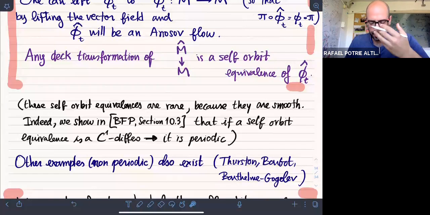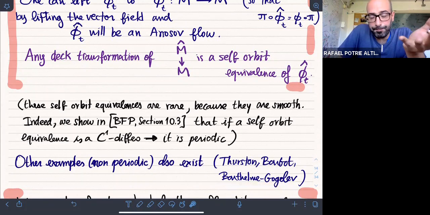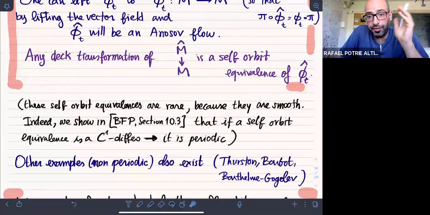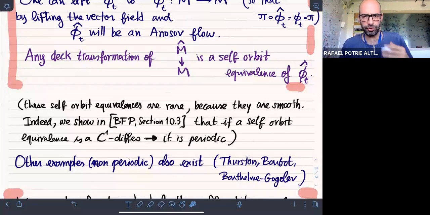I'm not sure self-orbit equivalences were studied as an object before a recent paper by Bartelme and Gogolev, where they started the study of these maps, and they classified the ones which are homotopic to identity. So recently there's also some work by Bartelme and Katie Mann on this, and now it's a very natural question that is being explored.